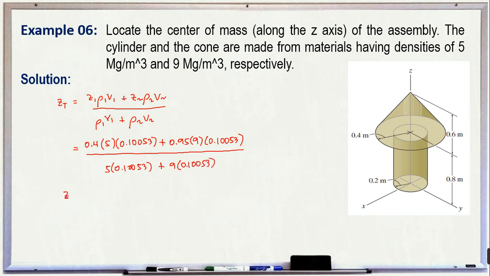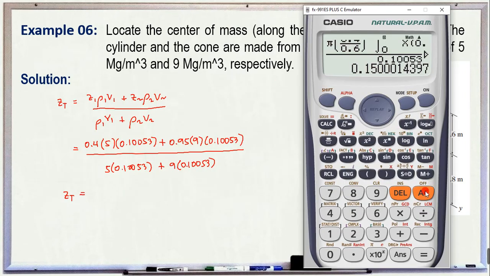So therefore, for the location of the center of mass, using the calculator, press AC, 0.4 times 5 times 0.10053 plus 0.95 times 9 times 0.10053, divide by 0.10053 times 5 plus 9.